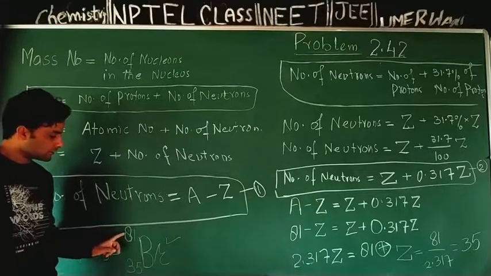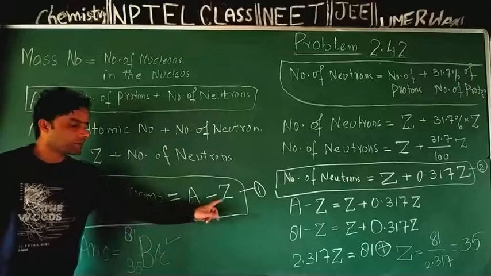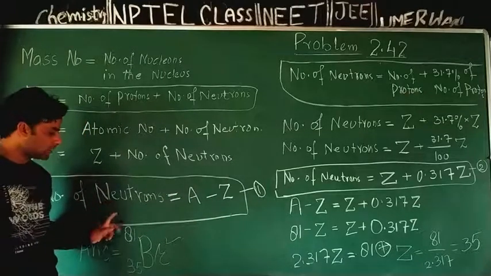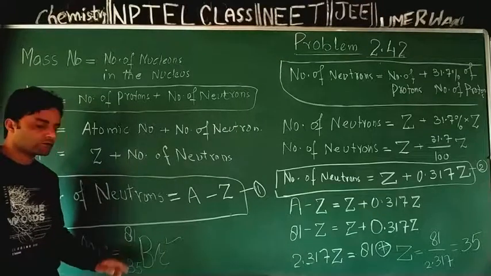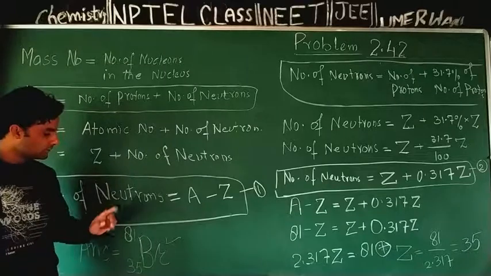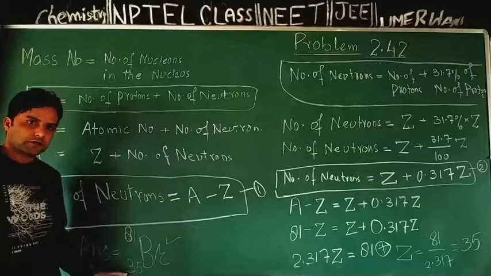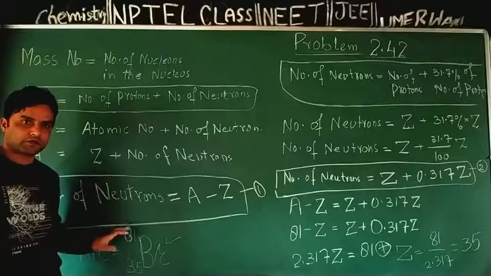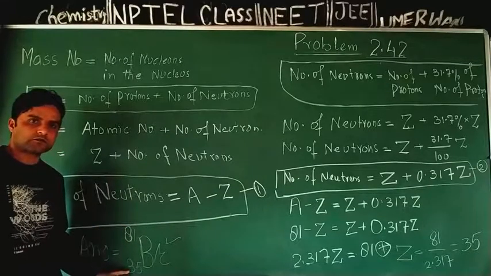And from difference of 81 and 35, which is difference of A and Z, I can determine number of neutrons if I am asked to, and number of neutrons will be 81 minus 35, which will be equal to 46, and 46 is 31.7% greater than number of protons, that is 35.